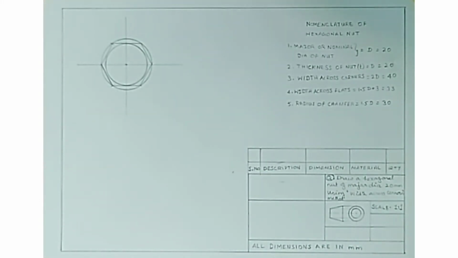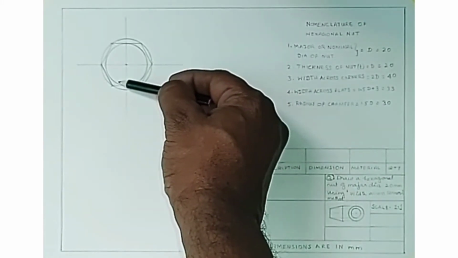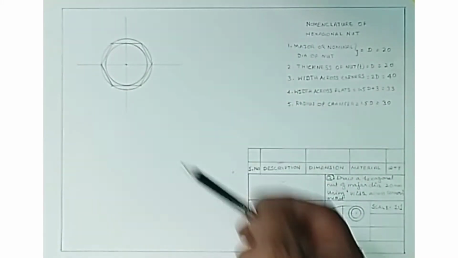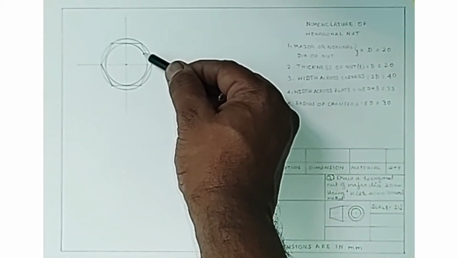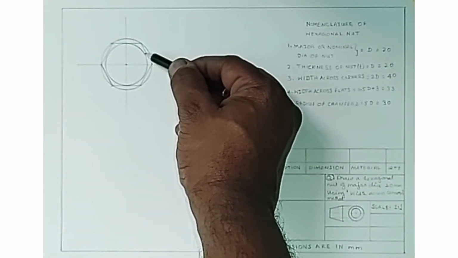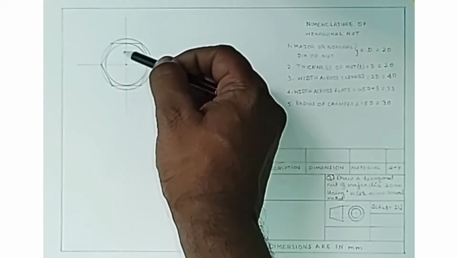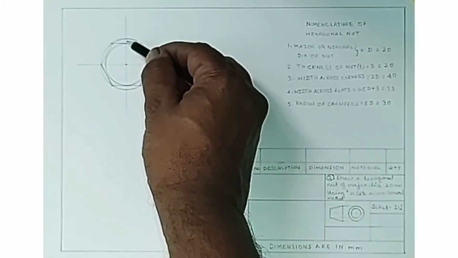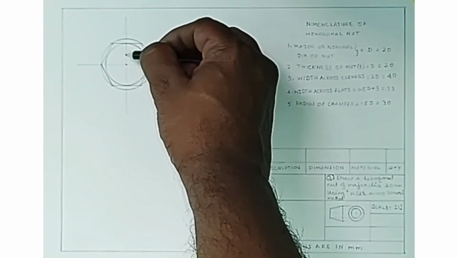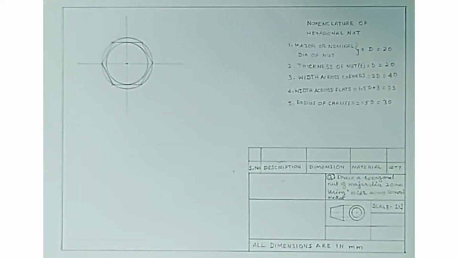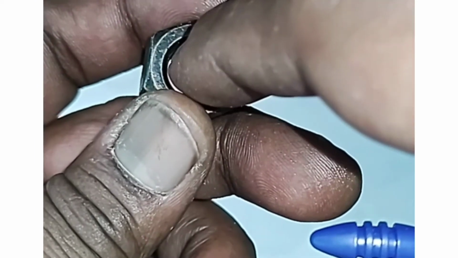Now this portion represents the chamfered portion. Actually, if everything is done correctly, this circle must exactly coincide with the middle point of this line, like here, here. This is aligned perfectly.